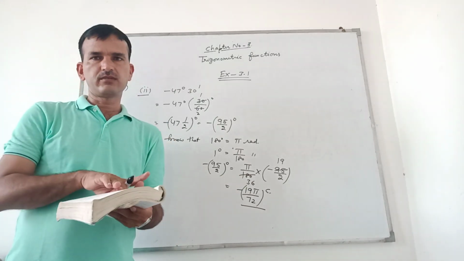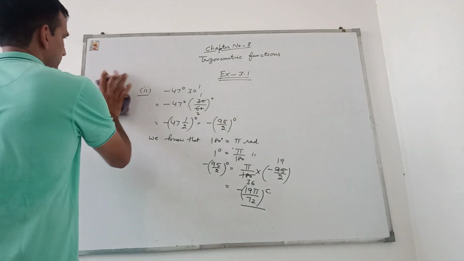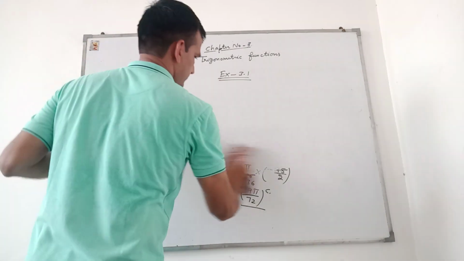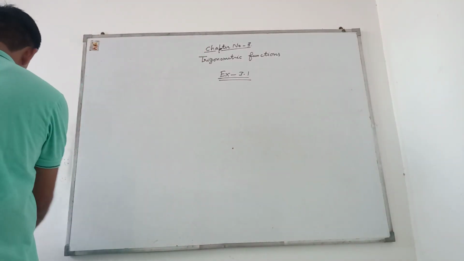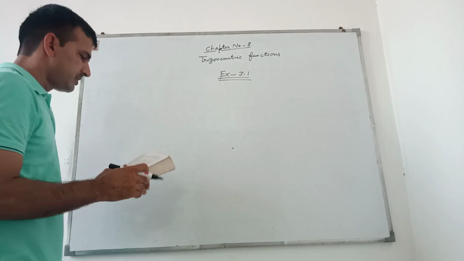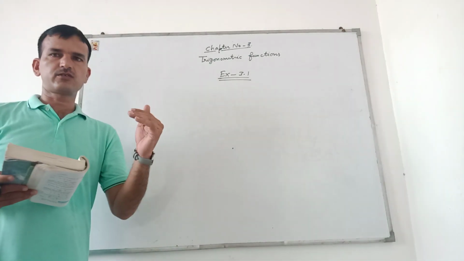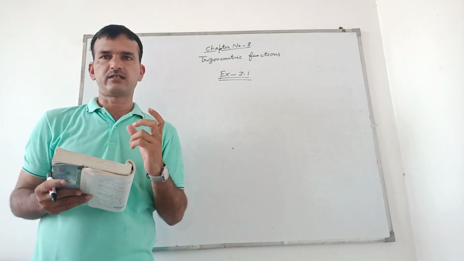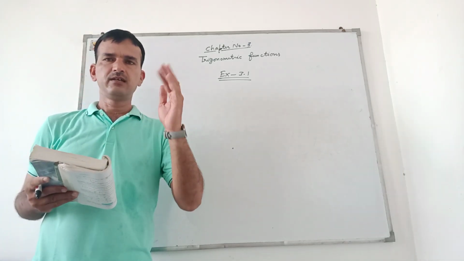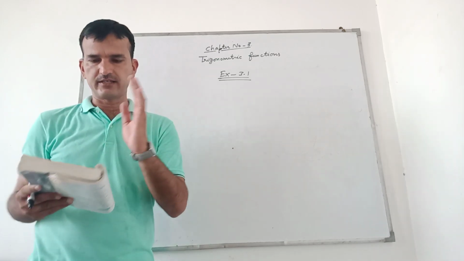Now question number 2. Find the degree measure corresponding to the following radian measure. In this question we have to find the degree measure of the radian measure, means we change radian into degree.